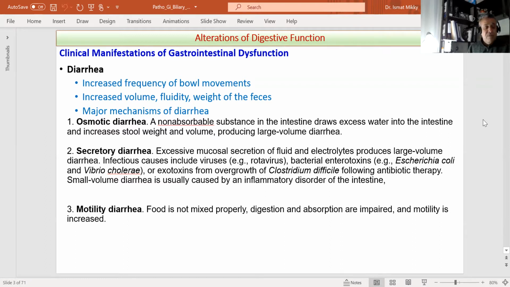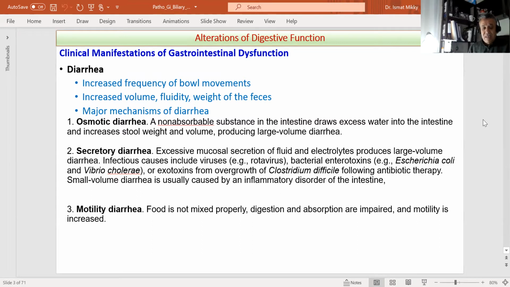Patients who receive full strength tube feeding formulas like Glucerna or Ensure, or patients who develop dumping syndrome, which we will get to, which is associated with gastric resection surgery, may develop osmotic diarrhea.